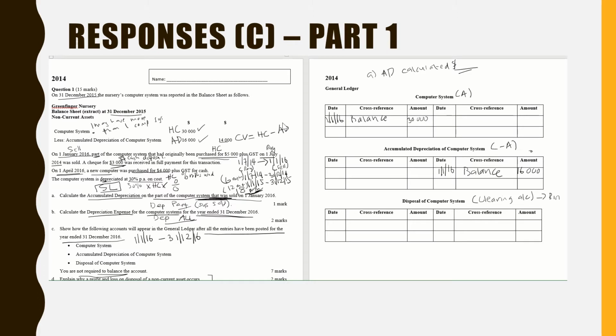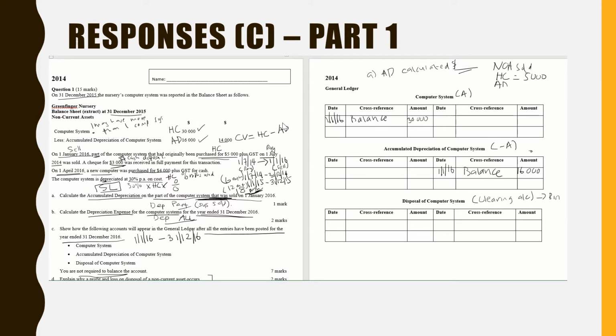And the next step would be, based on what we have learned, we are now transferring the cost of the computer system that we are selling to the disposal account. Which means we are taking it out of the computer system and putting it to the disposal account. So remember, based on the information that we had, the asset that was sold had a historical cost of $5,000.